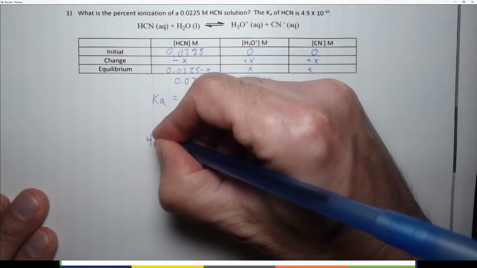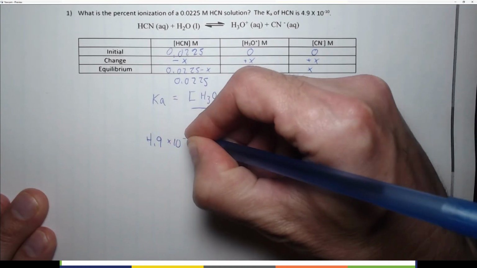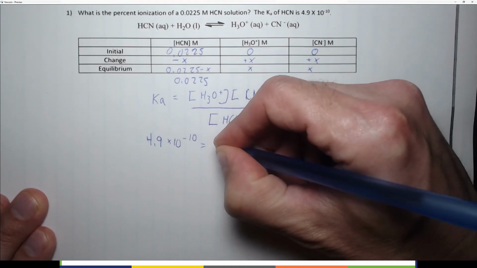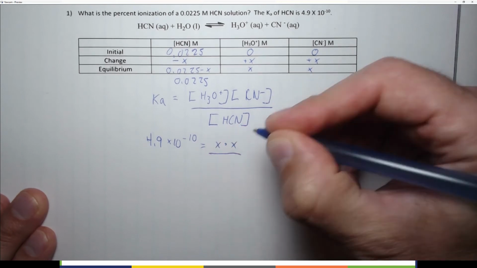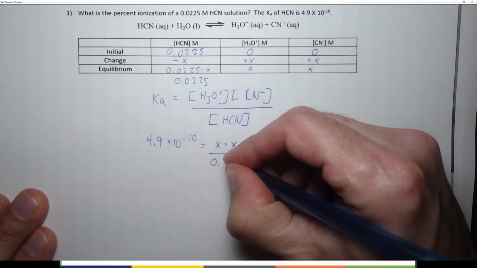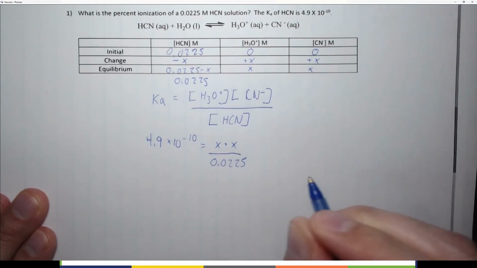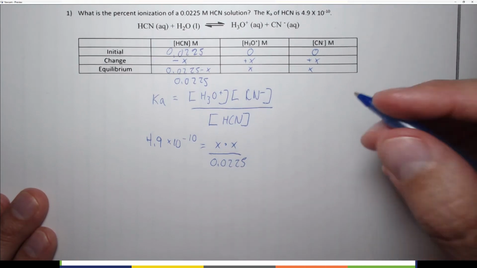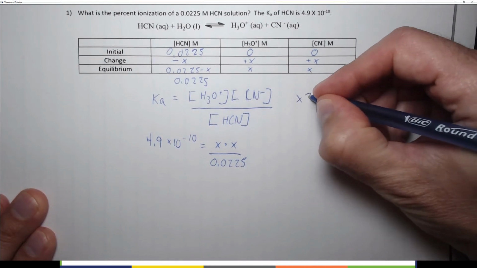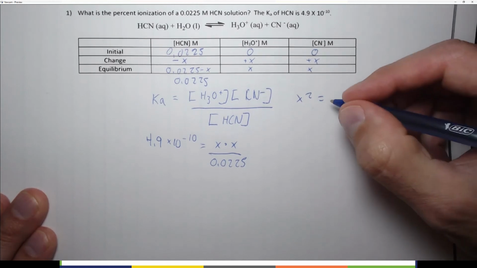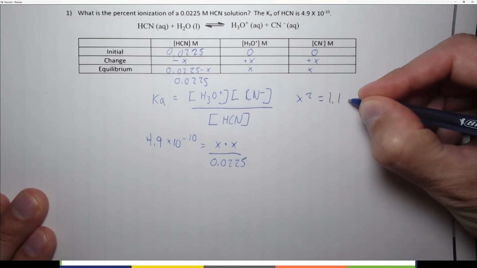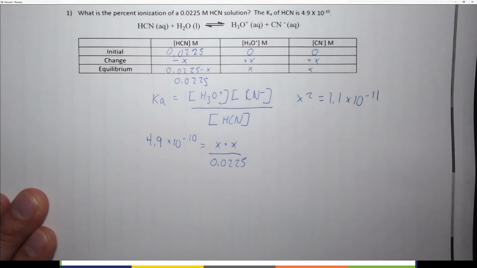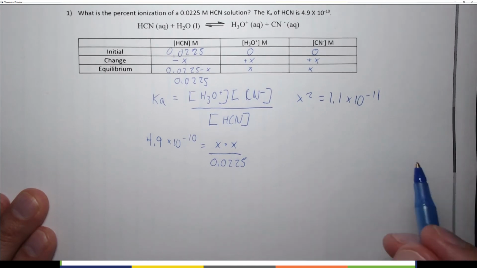So 4.9 times 10 to the minus 10 equals X times X divided by 0.0225. We need to first cross multiply and put the X's together, and we find that X squared equals 1.1 times 10 to the minus 11. So I just moved the X squared to the other side.